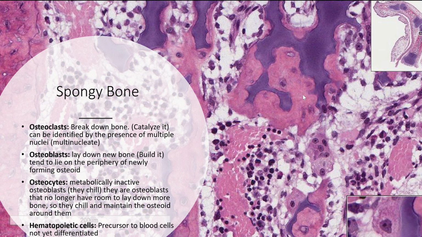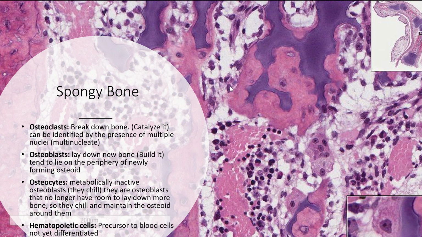And the way you can identify them is they're constantly going to be laying down new bone on the surface of already existing bone, okay? So this pink stuff right here, this is osteoid. This is already existing bone matrix, okay? And so these cells are lining up on the edge of that.